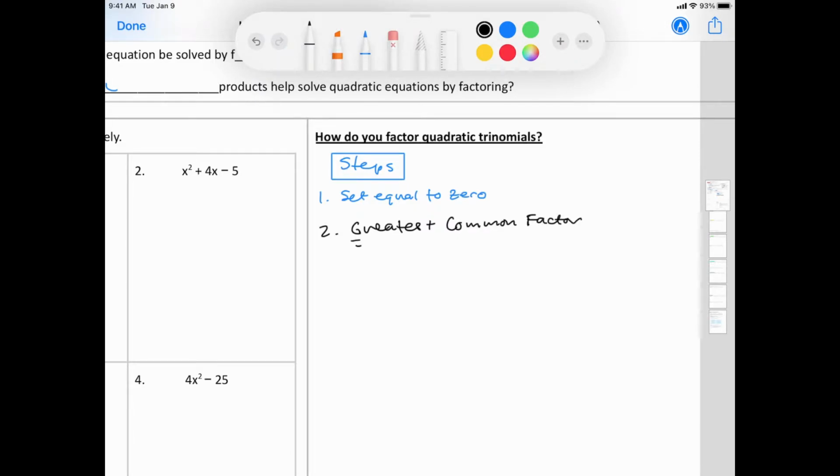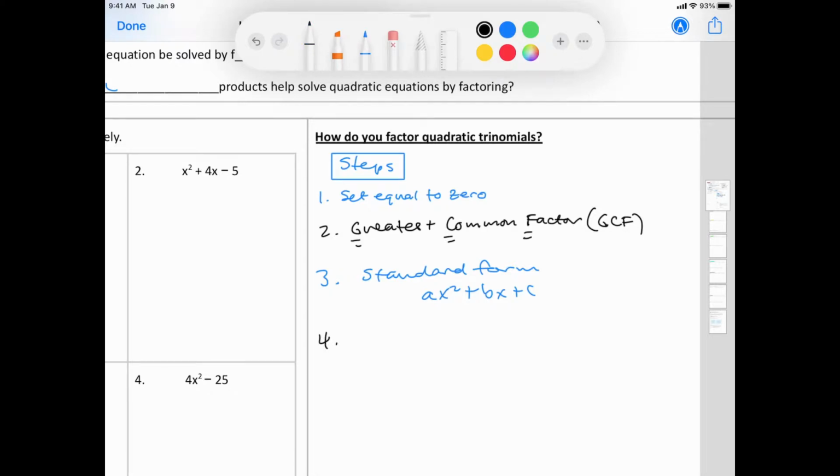There might not be a greatest common factor, or GCF, but what it does is make our quadratic, or polynomial, smaller. Number 3, put it in standard form, which we learned last lesson in lesson 1.2, which is ax squared plus bx plus c.